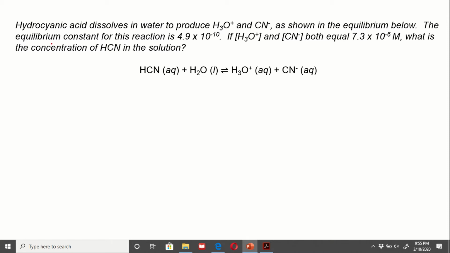And you're given the equilibrium constant for the reaction, and you are provided with the concentrations of H3O plus and CN minus, and it is asking for the concentration of HCN. Now again, pause this video and write the equilibrium expression, because we are given the information that this system is at equilibrium.